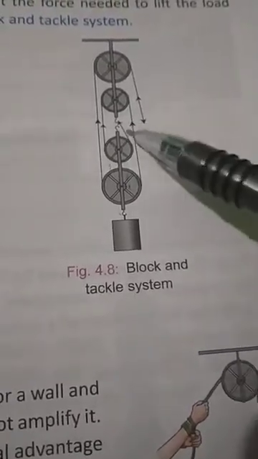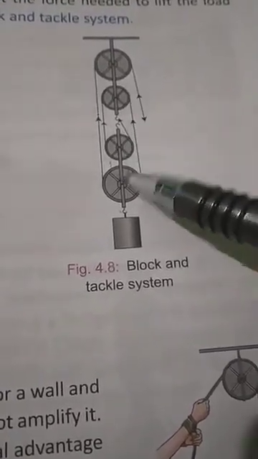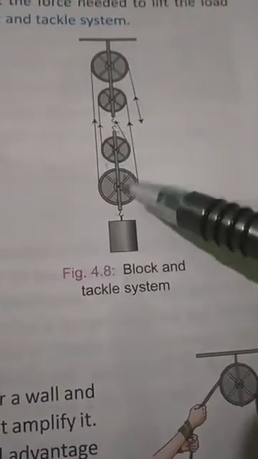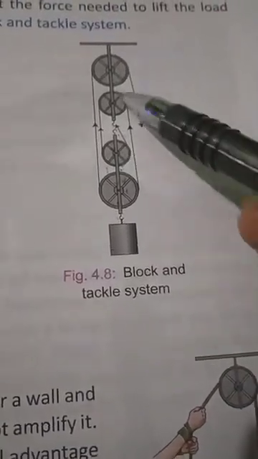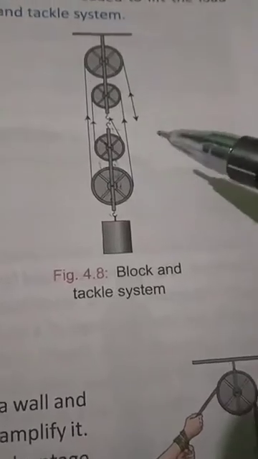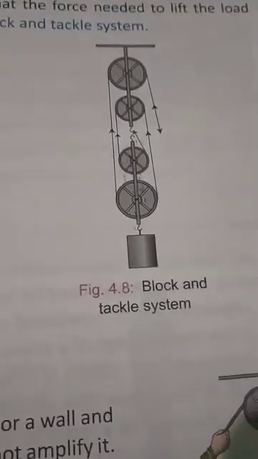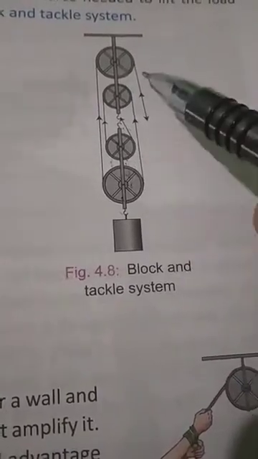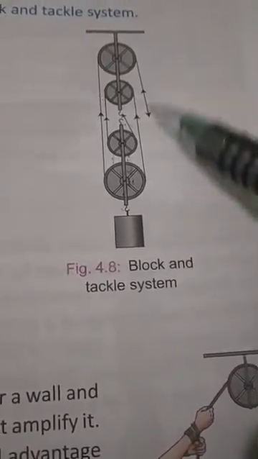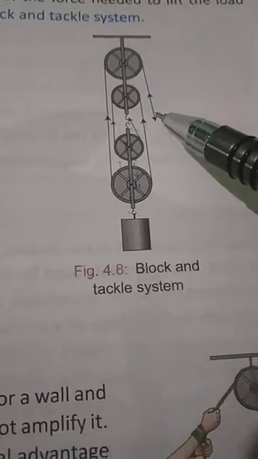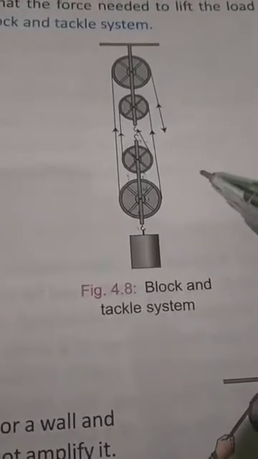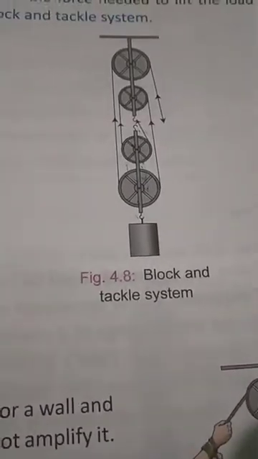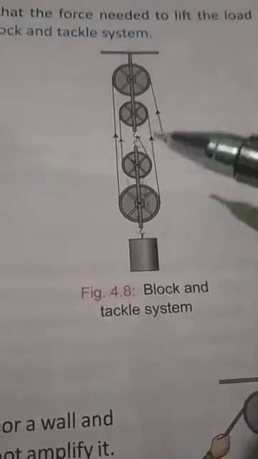Many pulleys can be added here, 4, 5, 3, we can use it as per our need. So such an arrangement of pulleys is called the block or tackle system. It actually reduces the force needed to lift the load.